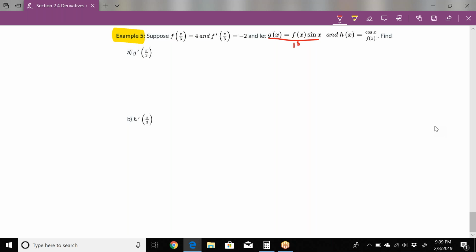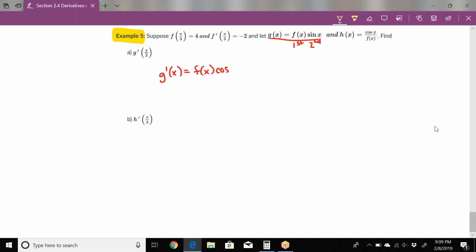Now notice this is a first function and a second function because f of x is different. We don't know what it is, but it's different than sine x. It's its own function. So we're doing a product rule to do that derivative. So g prime of x would be the first times the derivative of the second, which would be sine x.